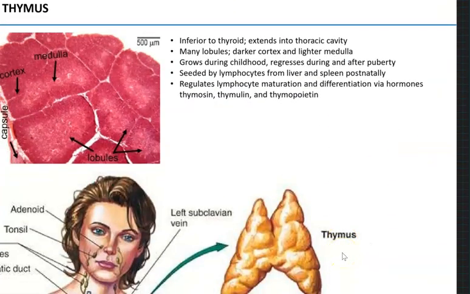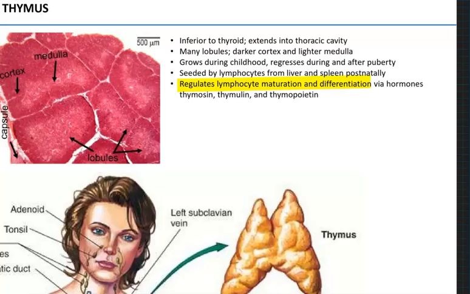Thymus, a weird organ which is very active in kids. Its role is to regulate lymphocyte maturation, T-cell maturation. Very active in kids, practically gone in adults.